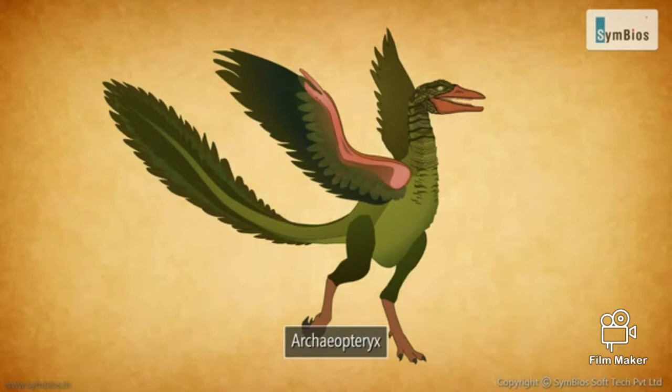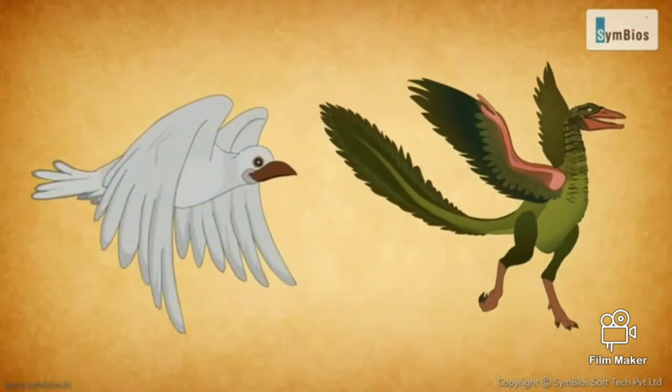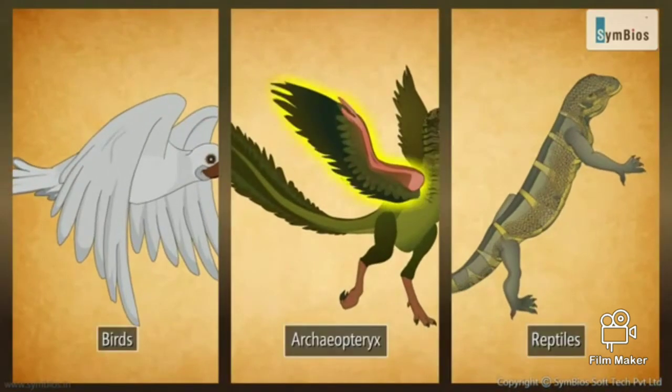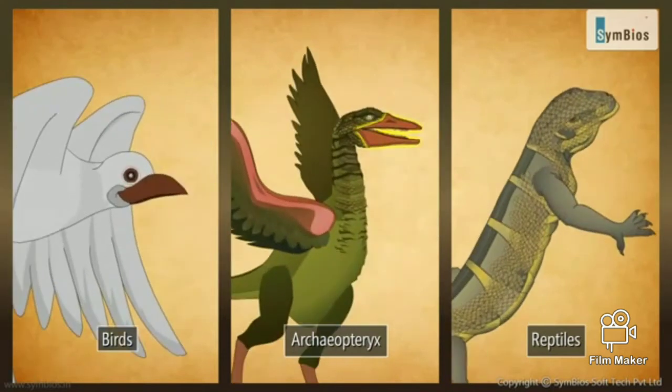It is commonly known as reptile bird. Archaeopteryx is a connecting link between birds and reptiles. It had wings like birds with feathers. However, wings had clawed digits as in reptiles. It also had a beak similar to birds, but beaks had conical teeth as in reptiles.